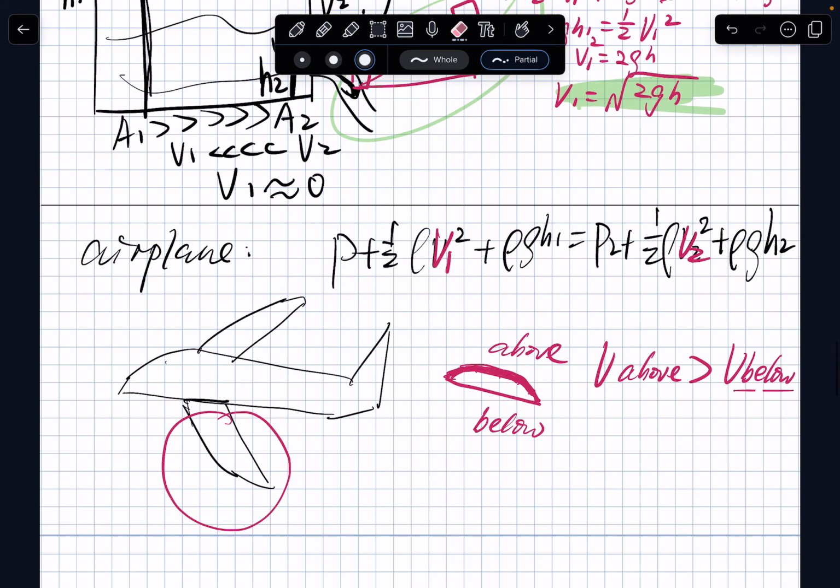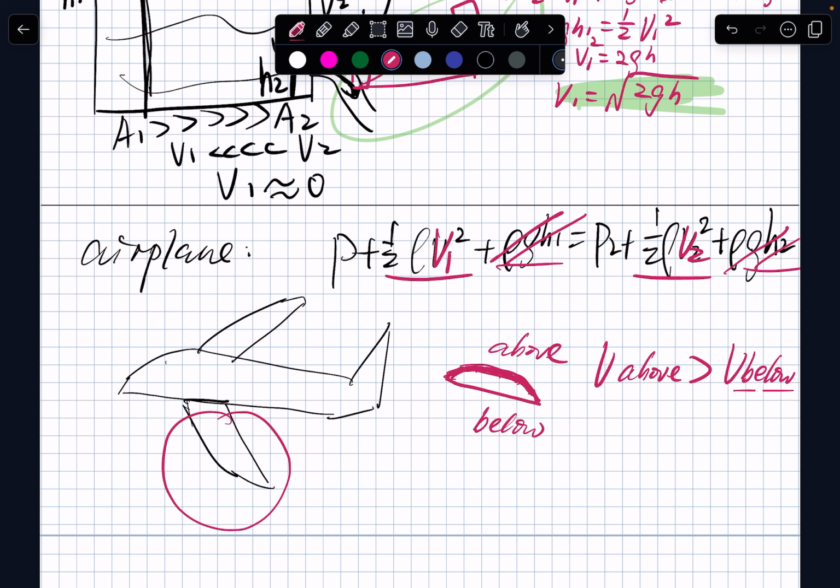All right, and then what happens is the P term can be crossed out. The rho gh term, term C, can be crossed out because it's really just the wing, right? You have a similar height. It's not that the wing is super thick, right? So we can neglect the h, so we can cross out this term, okay? Because we crossed out the third term, there's a difference in the second term, right?